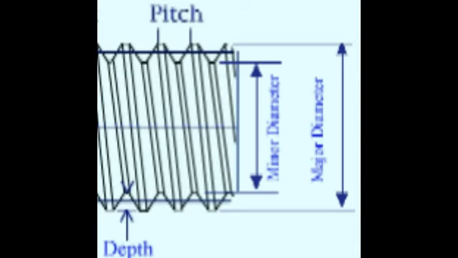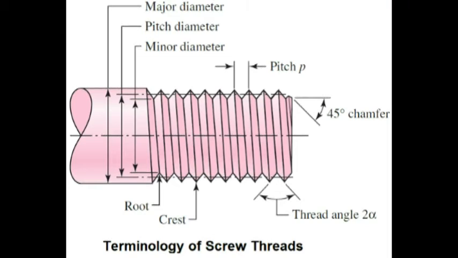Now, next one is thread angle or included angle. It is the angle included between the flanks or slopes of a thread measured in an axial plane.